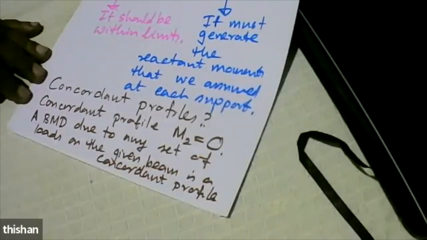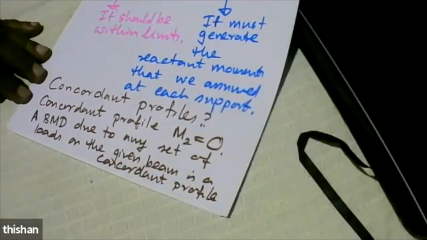Why? Because when we are applying loads, what is the deformation at the supports? We assume that the supports are not set free. If the supports are there, then you will find the curvatures induced are compatible with 0 secondary moments.